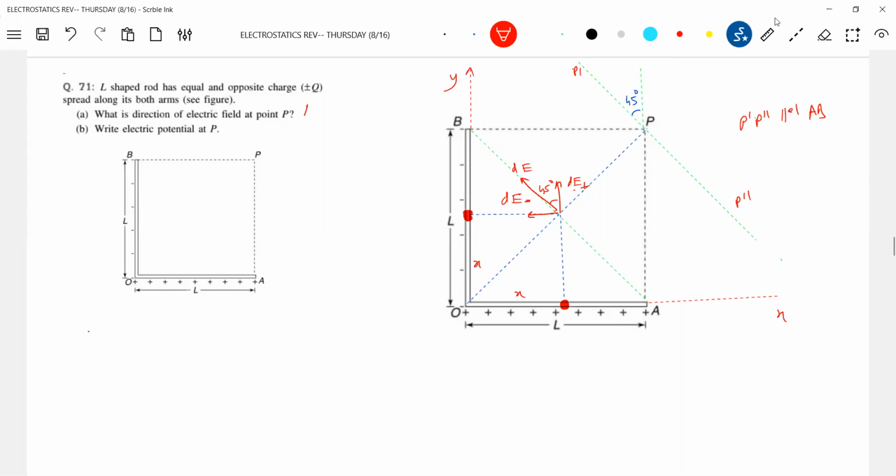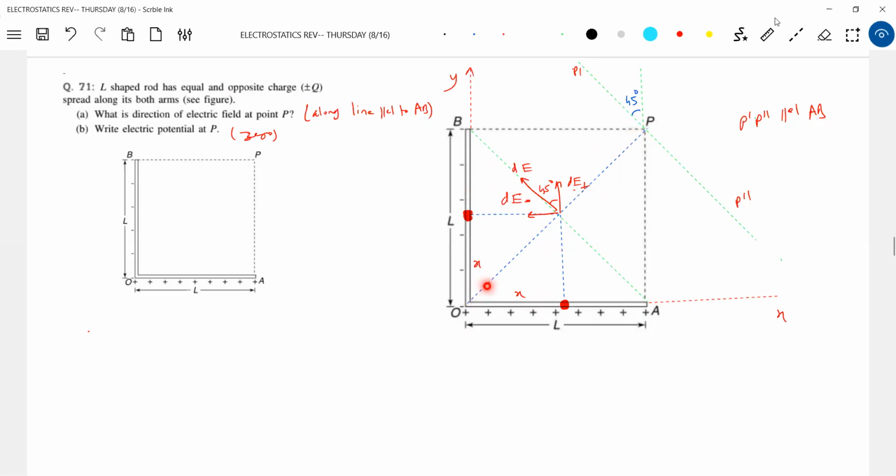So first this will be along the line parallel to AB, and this should be 0. Why 0? One positive, one negative. They will cancel. You can assume positive, negative, like that you can go for it, no?